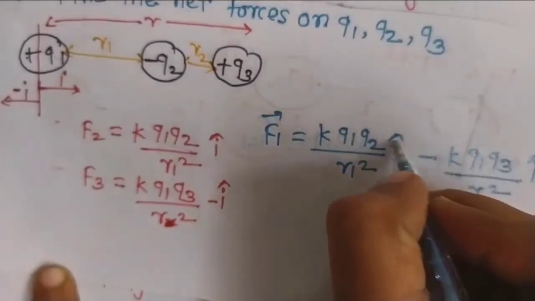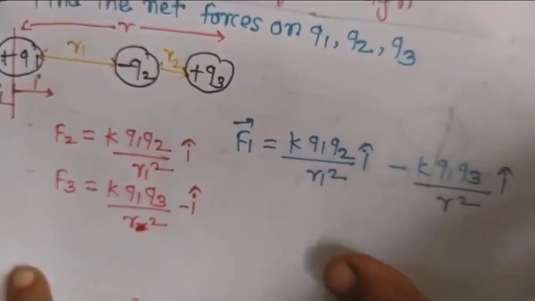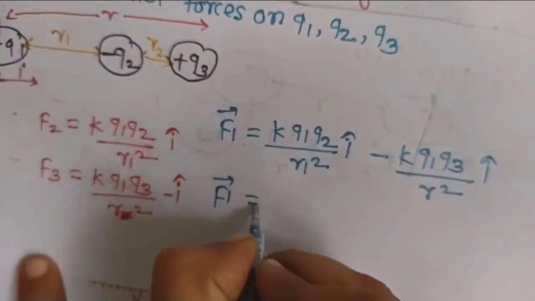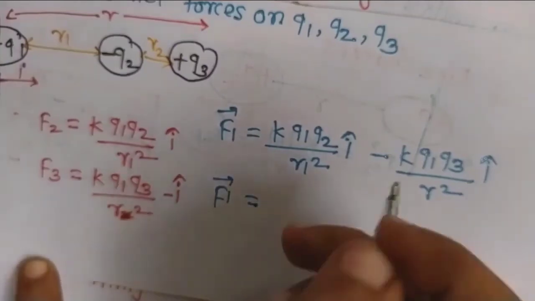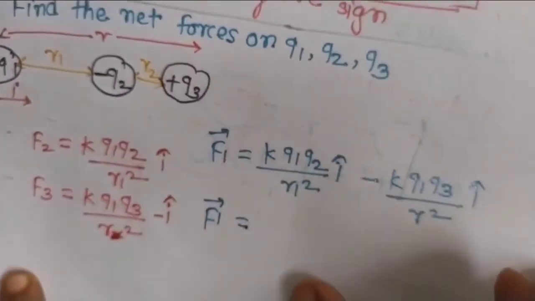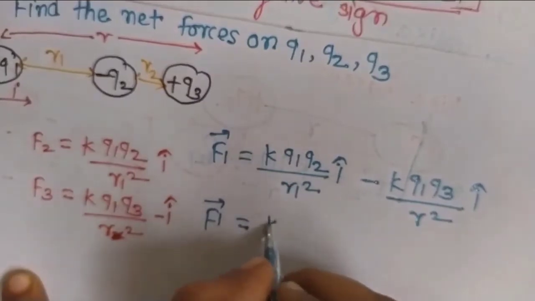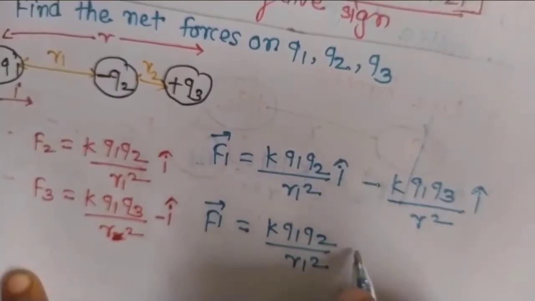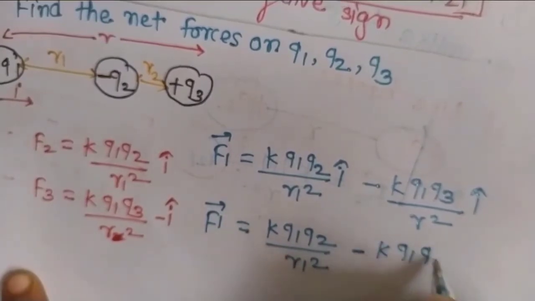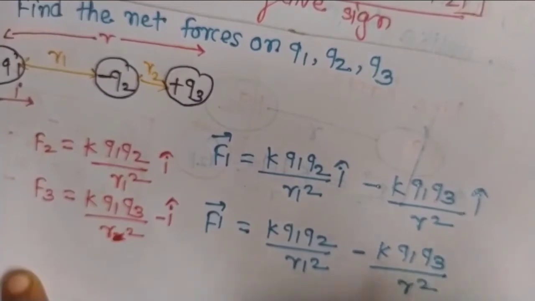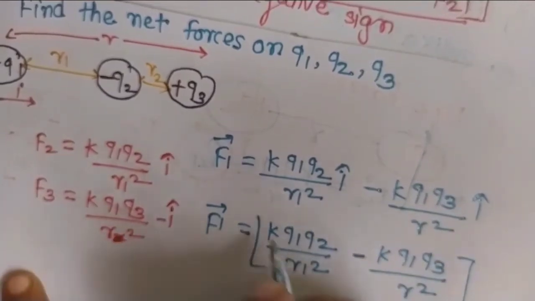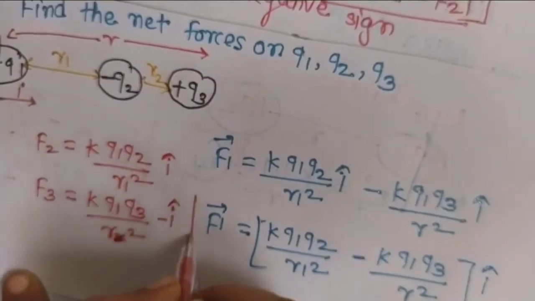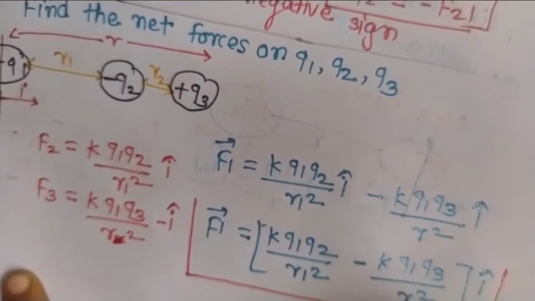This is the net force on charge Q1 due to charge minus Q2 and plus Q3. F1 is equal to, in bracket, K Q1 Q2 upon R1 square minus K Q1 Q3 upon R square, bracket complete, I cap. This is the net force on charge Q1 due to the charges Q2 and Q3.